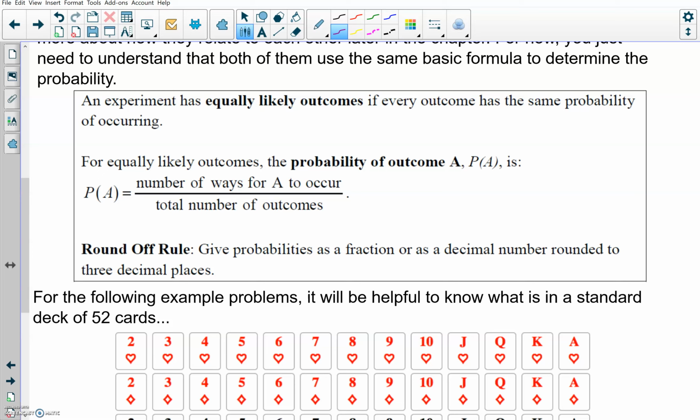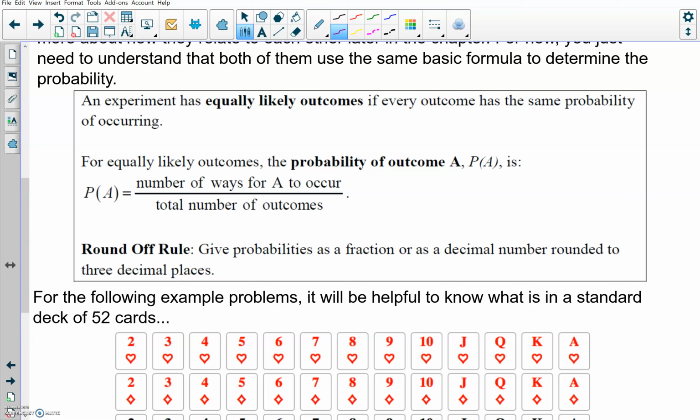Like with a coin, it's a 1/2, 1/2 for each side, for a die, 1/6, 1/6, 1/6, 1/6, 1/6, 1/6. For equally likely outcomes, the probability of an outcome A, P of A, is the number of ways for A to occur divided by the total number of outcomes.